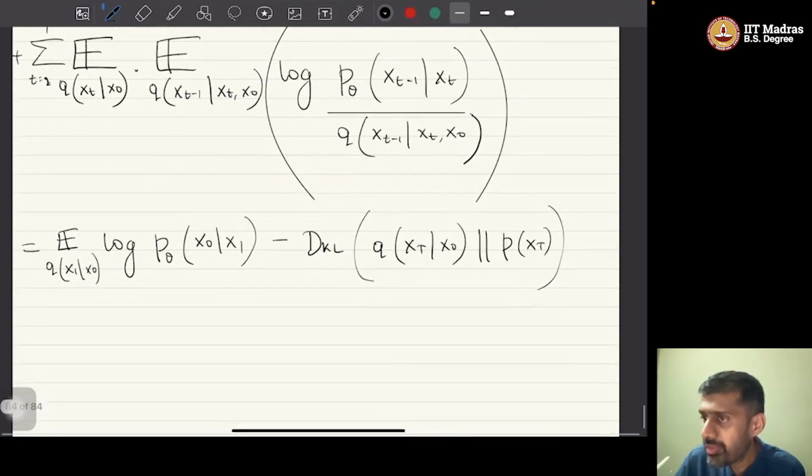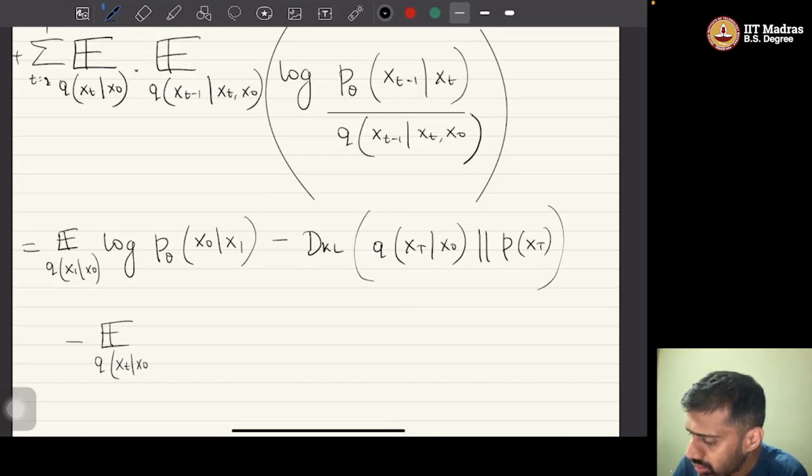And the third term that we have is minus an outer expectation with respect to q of xt given x0, and whatever we have inside is again a KL divergence.